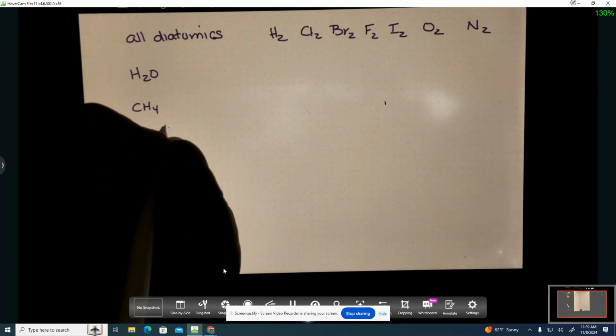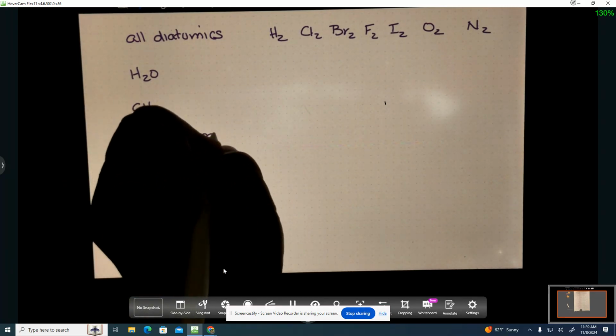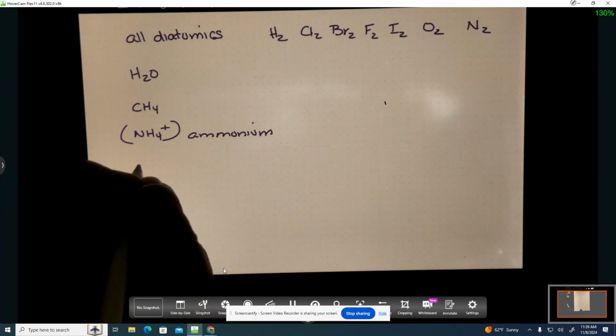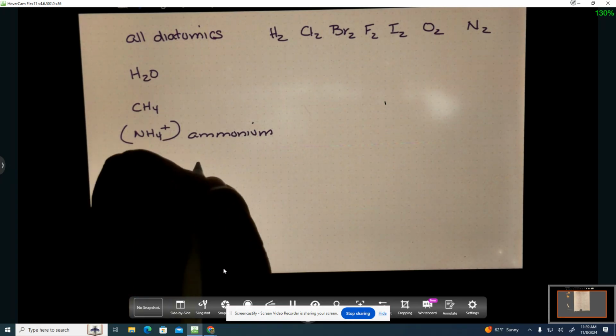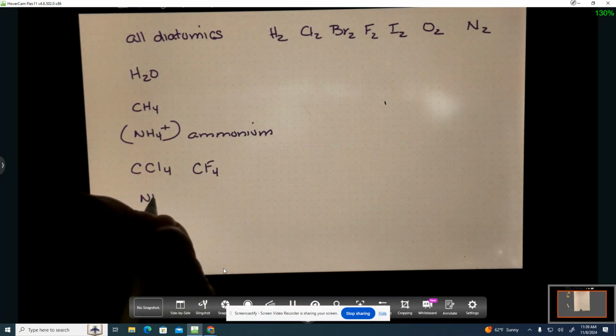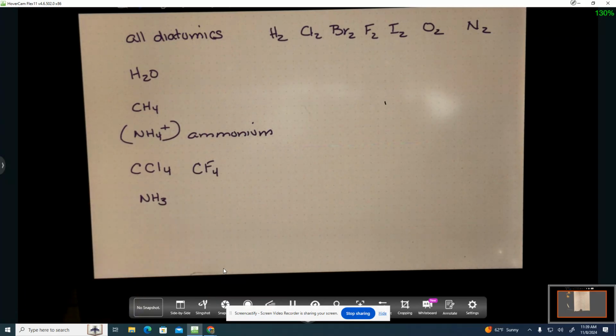We didn't get to this one yet. This is ammonium. You need to know CCl4 or CF4, ammonia, NH3, and carbon dioxide. Okay, those are really the ones that show up most of the time.